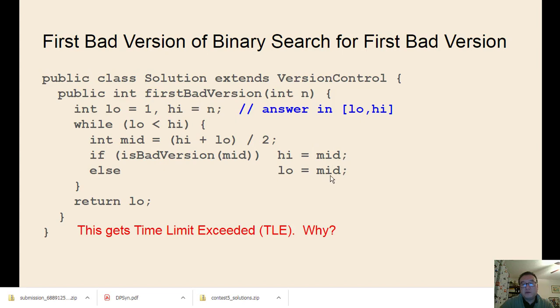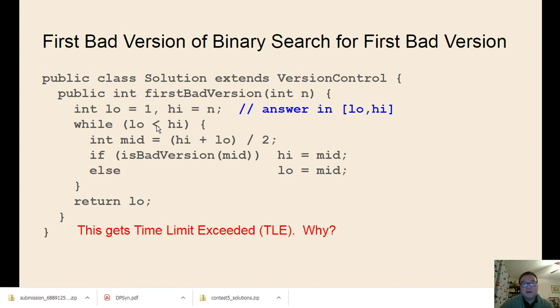And here we run the risk of not making progress, because when high equals low plus 1, then mid will equal low, and if we are executing the else branch, meaning that mid happens to be good, then we're not making any progress.